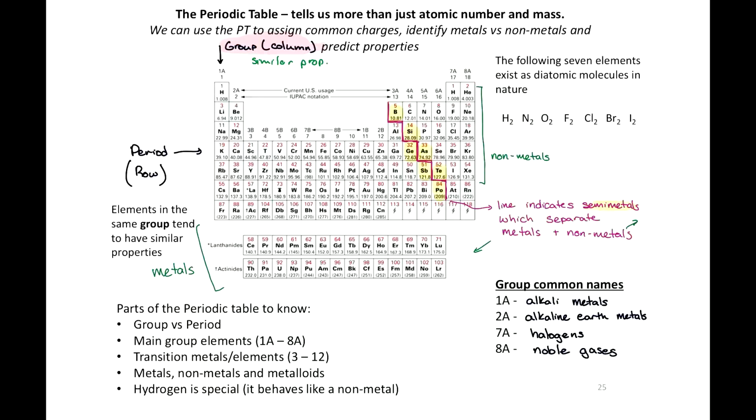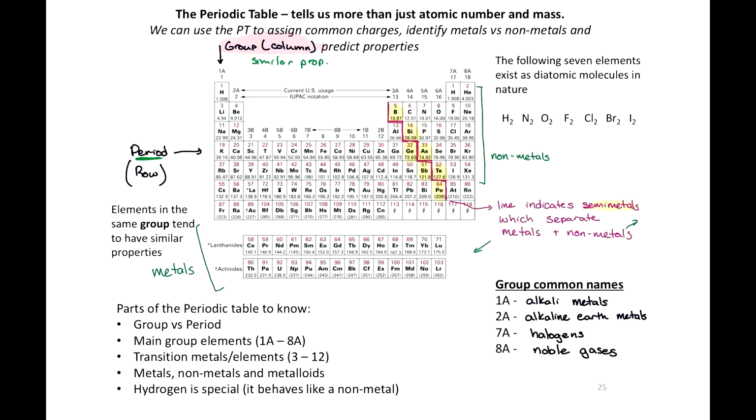All of them are kind of explodey when you put them in water. But compare lithium to chlorine, different properties because they're not in the same group. So we got groups, those are columns, and then periods are our rows of elements. So like potassium and calcium, they're in the same period because they're in the same row.